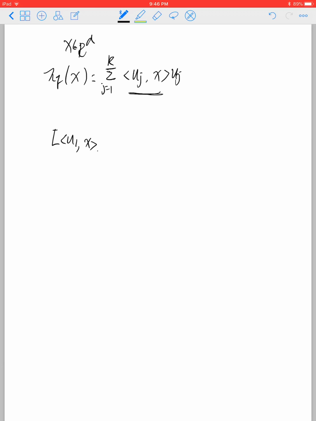This is the objective we want to minimize to find the best subspace F, namely the best orthogonal basis U1, U2 to Uk.